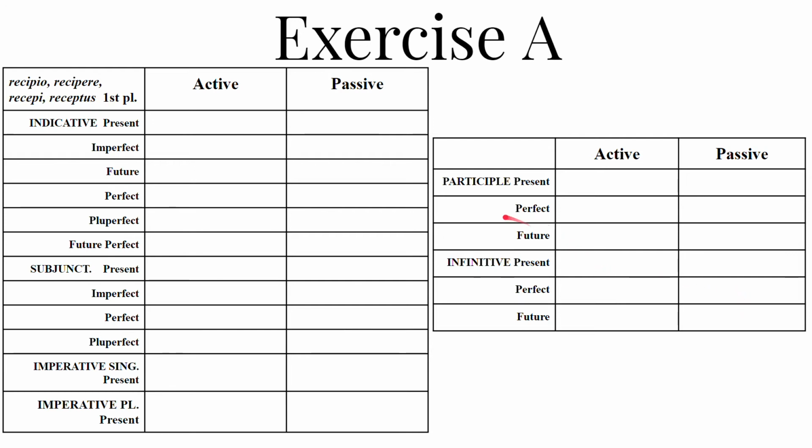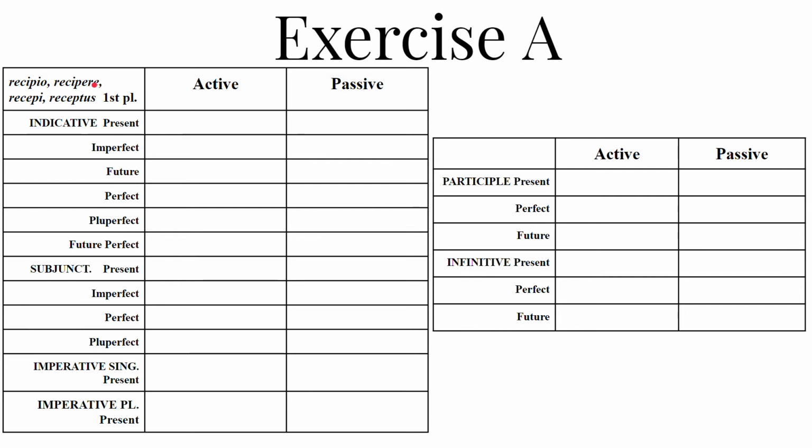Optime. Moving on to recipio, recipere, recepi, receptus. First person plural. This is a third IO, so it's a mix between the third and the fourth. It has the IO that marks it as a third IO, but its infinitive looks like a third conjugation.